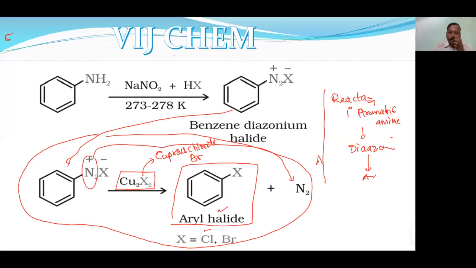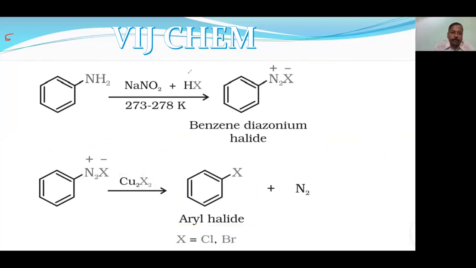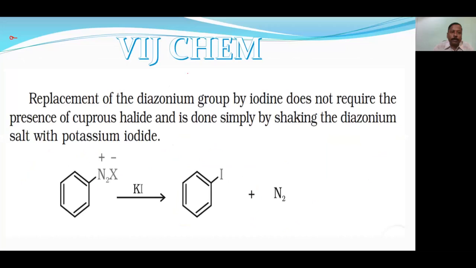Okay, after noting down these short points, let us start with the next one. This is about chlorine and bromine. Now what if the group is to be replaced by iodine? Replacement of the diazonium group by iodine does not require the presence of cuprous halide.